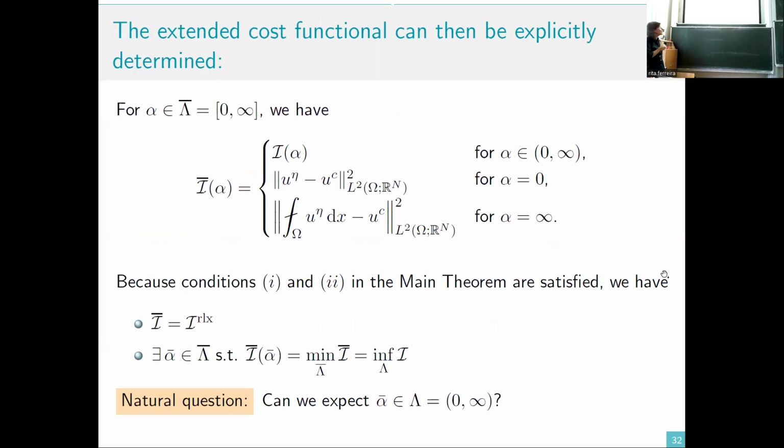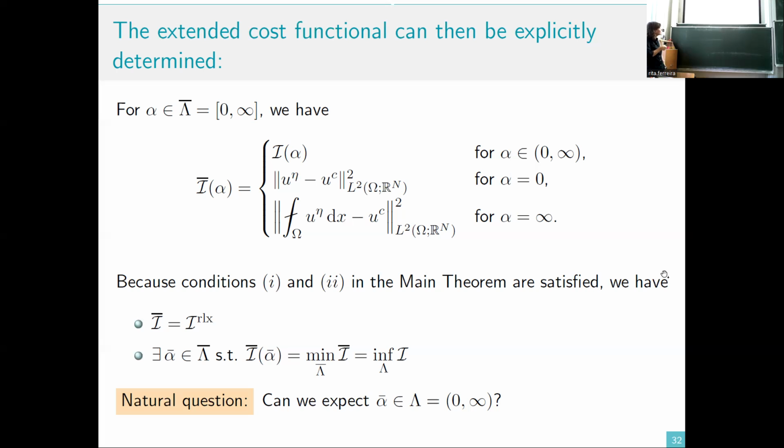Then you can just plug these into our cost functional, and this is how our cost functional looks like. Again, like I mentioned before, in the original set nothing changes. And then at the borderlines, this is our cost functional. And then because I and 2i hold, we can apply the main theorem, which means that this I bar is nothing but the lower semi-continuous envelope of the original cost functional.